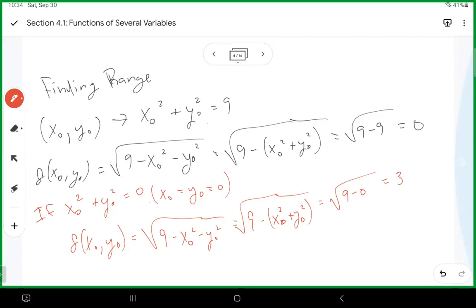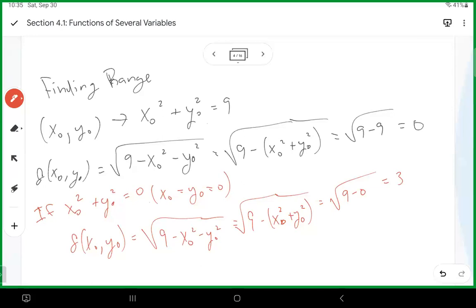Given any value c between 0 and 3, we can find the entire set inside the domain of g such that g of x, y is c.